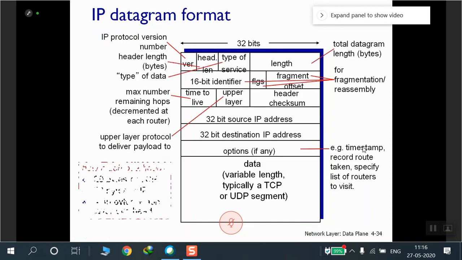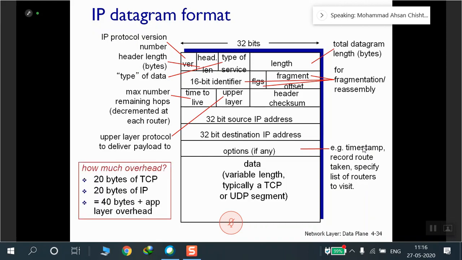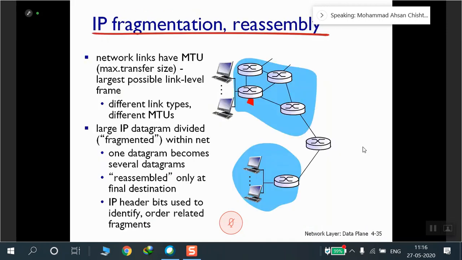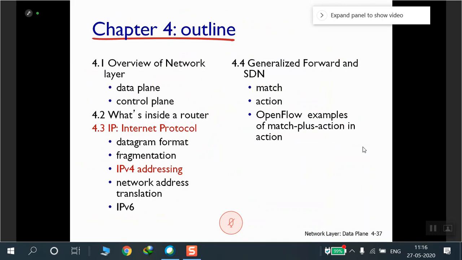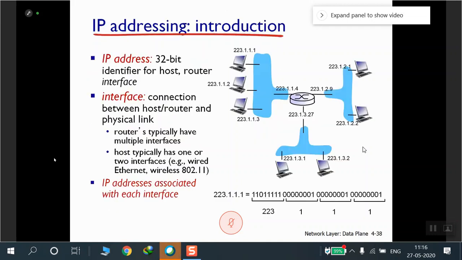Okay, so if we have a link here, each link has its own IP address.